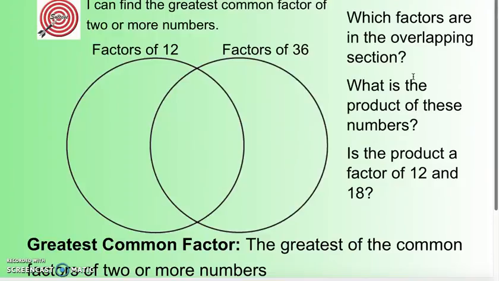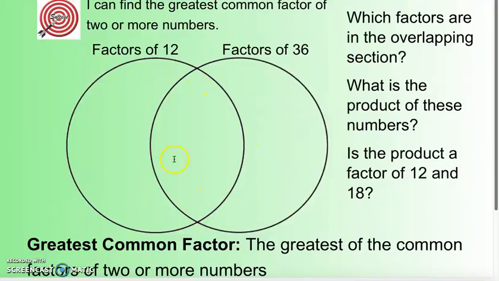Okay, so we're going to start off with 2 numbers, and this is called a Venn diagram. And notice at the top on one side of the Venn diagram, it shows the factors of 12. On the other side, it says the factors of 36. Now, a Venn diagram is special because it overlaps in the center.